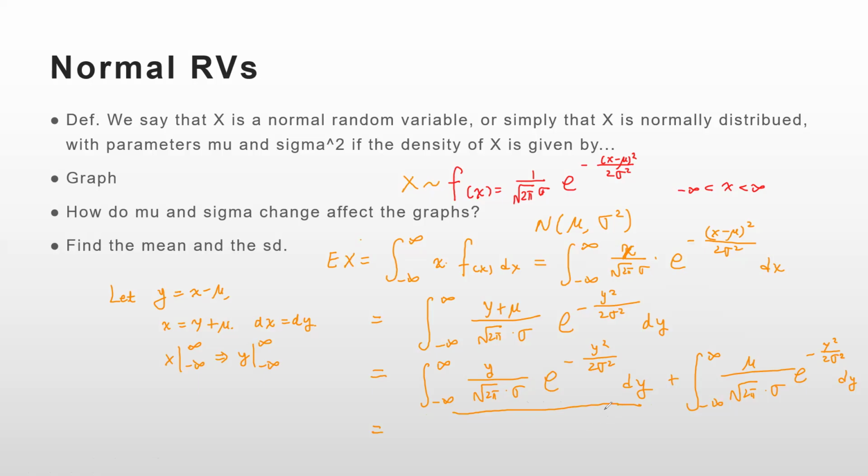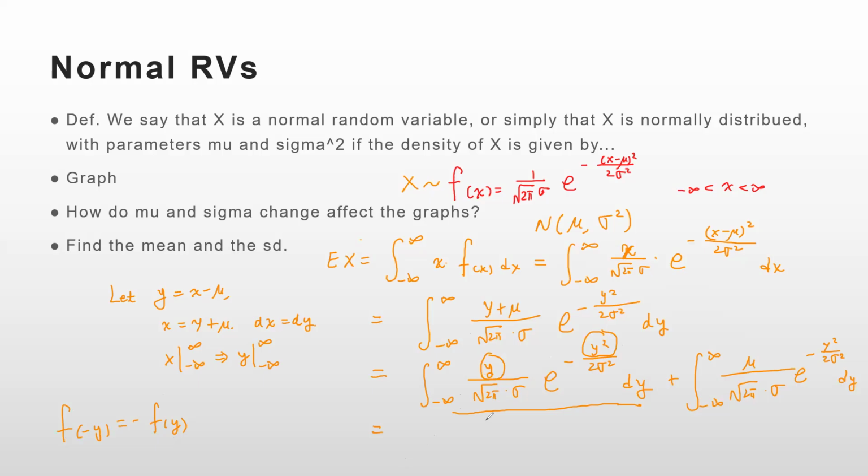And there's a very interesting property of this function. I claim this integral is 0. Why is that? Because it's an odd function. You plug in negative y, you would get a negative function. A function is odd if we have this kind of property. Your y squared here is even, but this is odd.